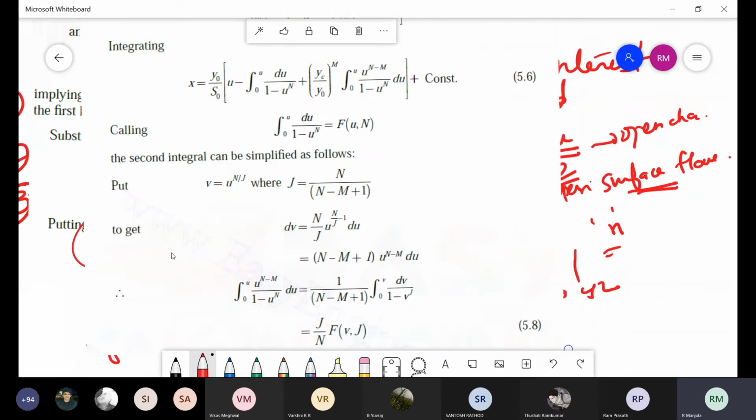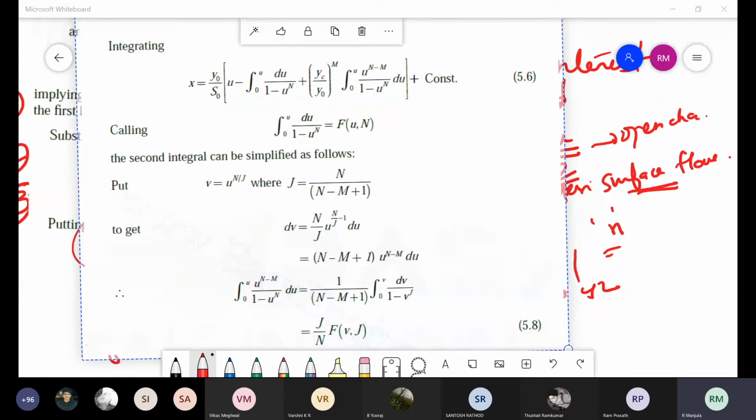And you can have the second integral of this form, and upon integration you'll be getting the final equation. So this function f of u comma n is known as varied flow function, and you have tables which are available.